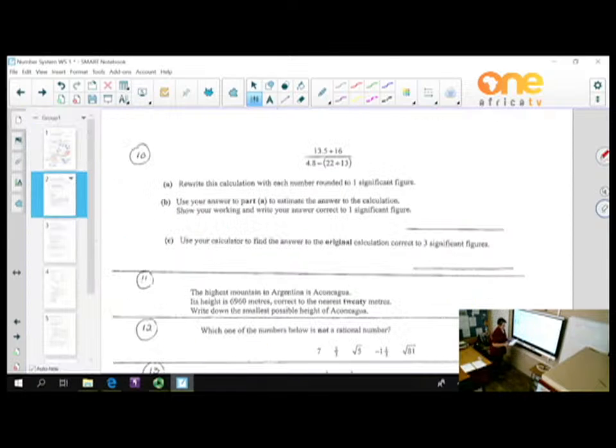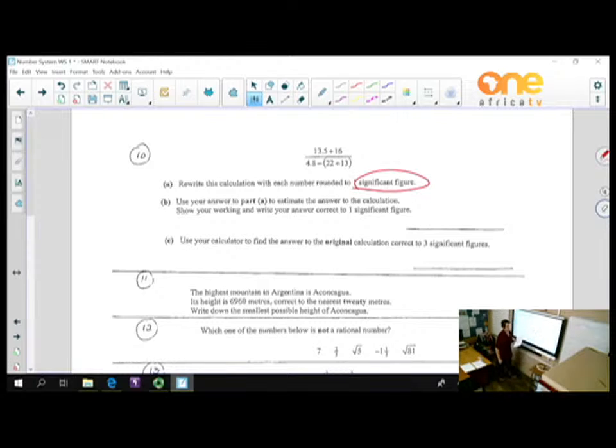Right, page 2. Rewrite this calculation with each number rounded to one significant figure. So we must first do that to change these numbers to one significant figure, each of them. So 13.5 to one significant figure will be 10, because it's not more than 5. 16, there's one significant figure, this will be 20. 4.8 to one significant figure, the 8 will influence there, so it is 5.